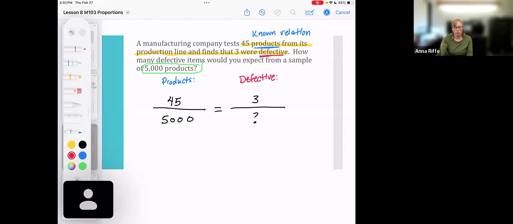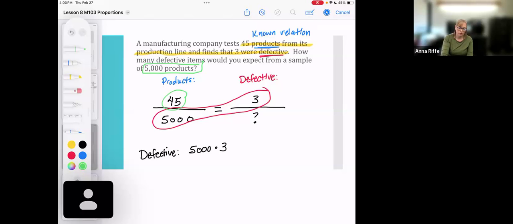So once I have my setup, I can solve the proportion. So there is my diagonal that has no variables in it. It doesn't have the unknown. To find the number of defective products in 5,000 products, or the expected number, I should say, I'm going to take 5,000, multiply by 3, and then divide by my 45.